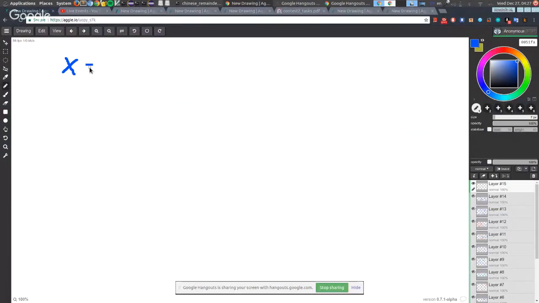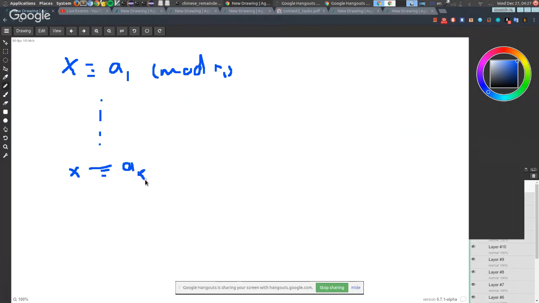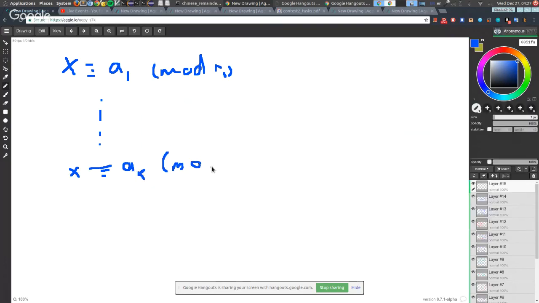So if we have x congruent to a1 mod n1, and so on, then x is congruent to ak mod nk.